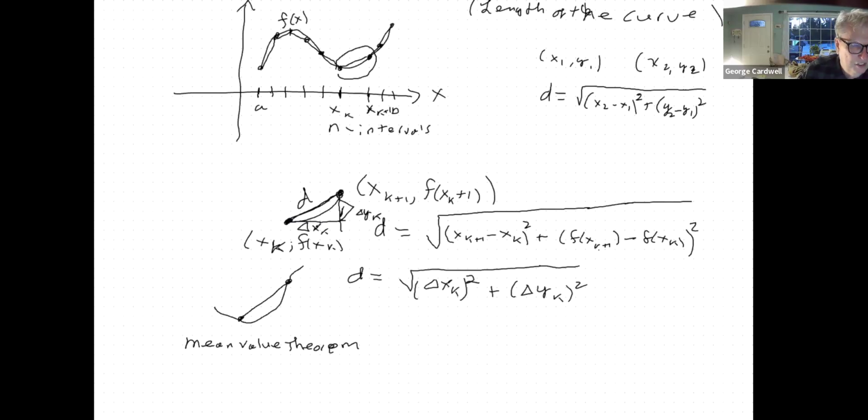The mean value theorem says something along the lines of: if f of x is continuous on an interval, I think they use AB, but it could be anything.